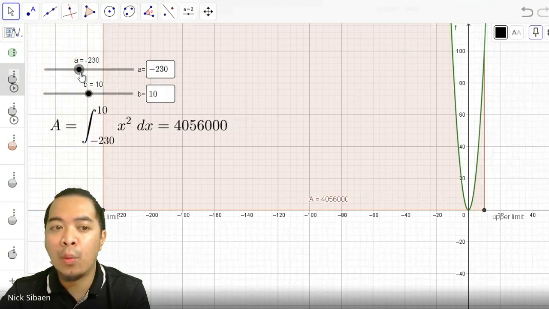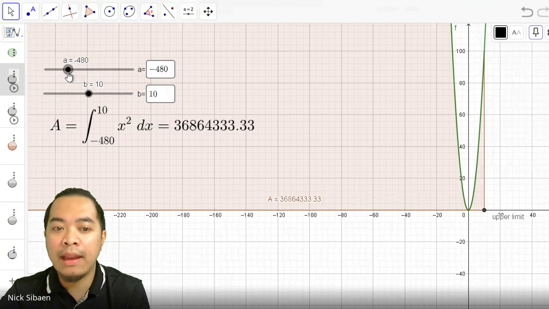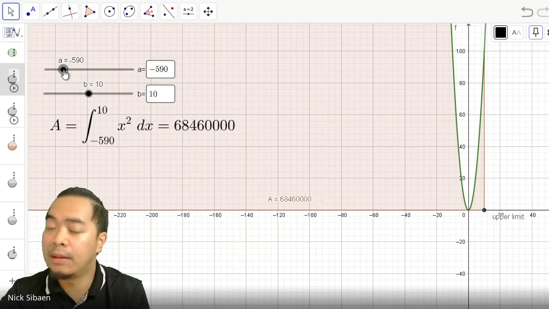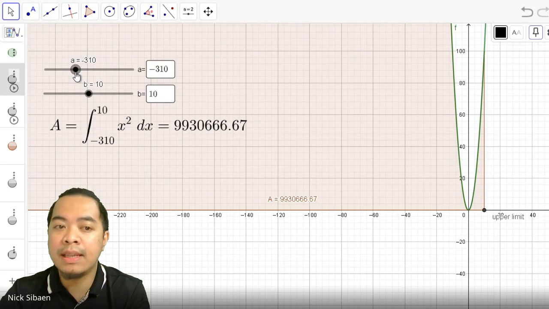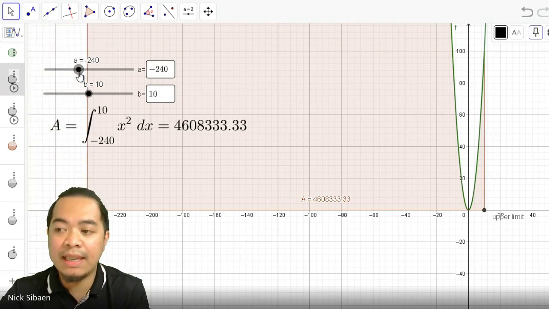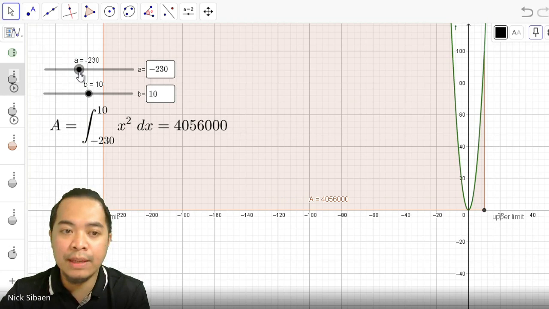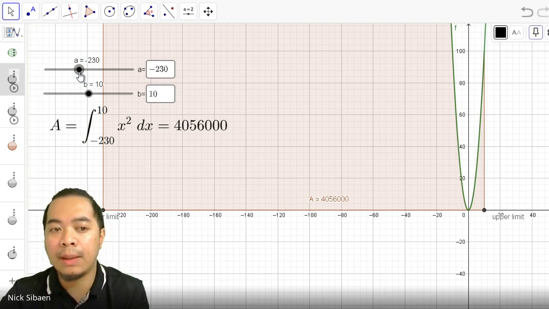Ganyan. So what happens to the area? Siyempre dahil area lang siya, parang positive infinity pa rin, no? So it's still infinity and infinity. The area will always increase without bound, regardless kung yung upper limit or yung lower limit yung maging positive or negative infinity, or even both.